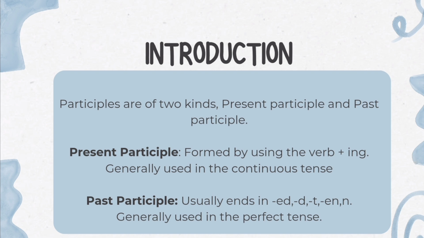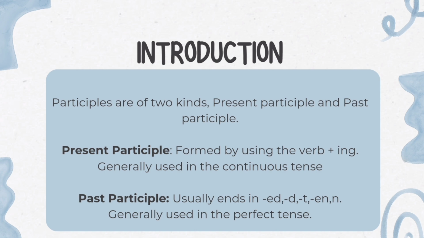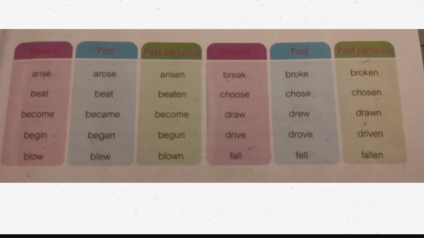For example, the cat entered the house through the broken window. Through the have broken window, through the had broken window, through will have broken window, it does not make any sense.